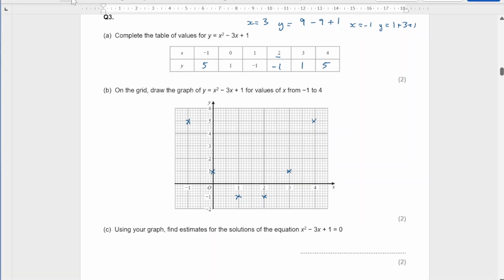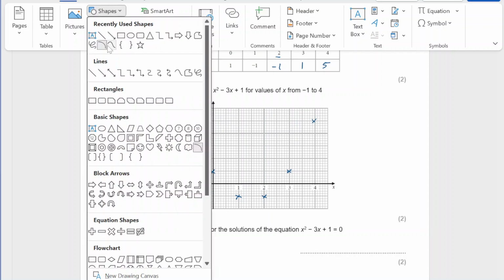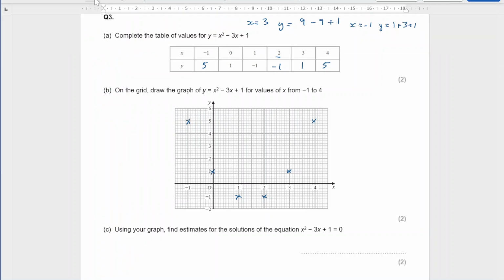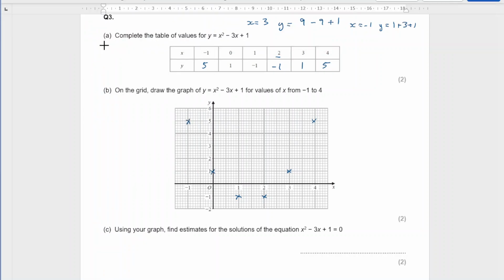Right, so just to try and keep this nice and neat, let's try that one more time. So I want to insert a curve. There we go.